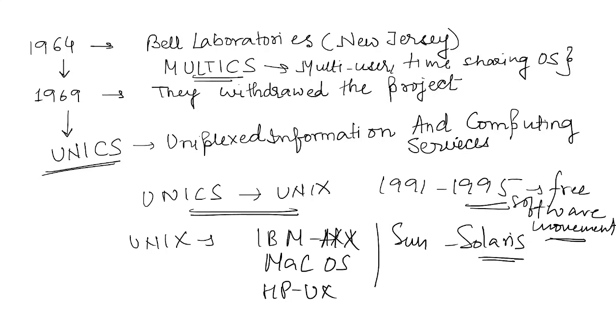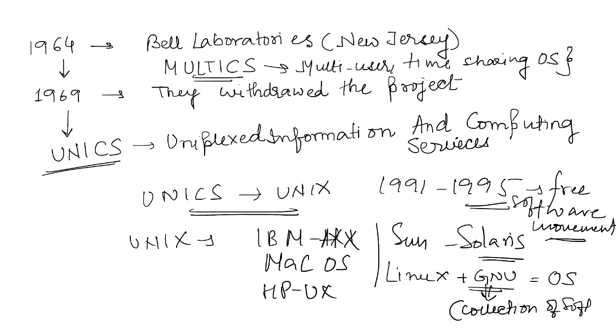So what can be added to Linux so that it can be called an operating system? Always remember this: Linux plus GNU, which is GNU's Not Unix, equals OS. And GNU is a collection of software. And Linux is a kernel.